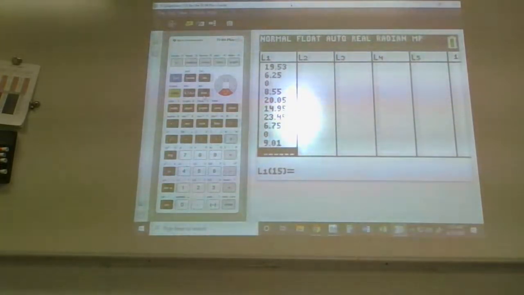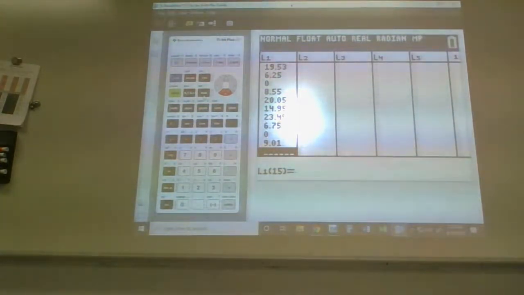Again, this is problem number 22 on page 660. When it comes to running any type of hypothesis test or confidence interval, doesn't matter, what would be helpful is getting some summary statistics from this data.